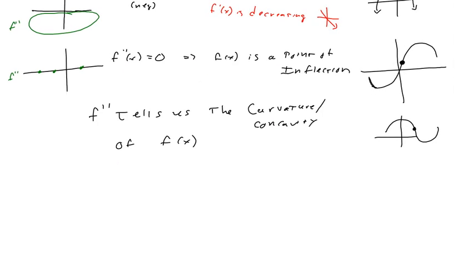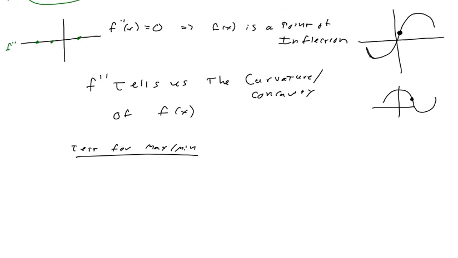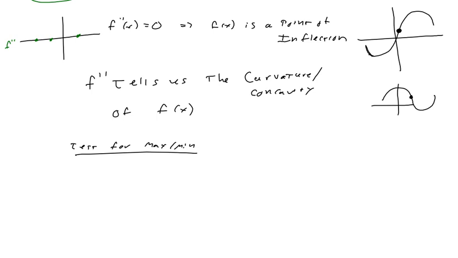And there's also a second derivative test for max and mins. If f prime equals 0, we have to have the derivative equal 0. There's no max and min if the derivative is not 0.